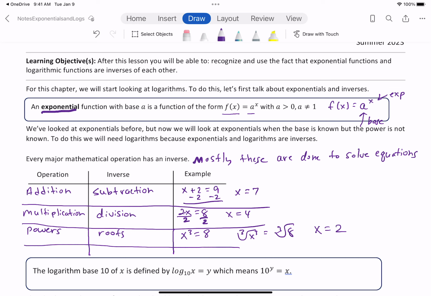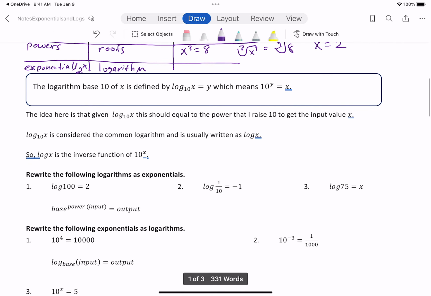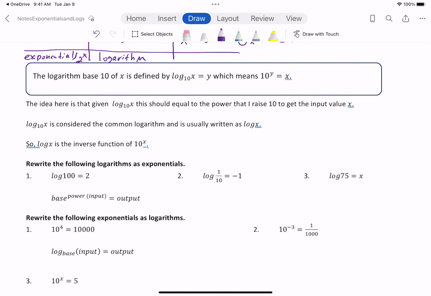So now we're going to start looking at exponentials, and it's going to be stuff like 2 raised to the x, and we're going to need its inverse operation to be able to solve for that variable, and the inverse operation of an exponential is going to be a logarithm. Alright, so we need to start introducing and looking at some of this stuff.